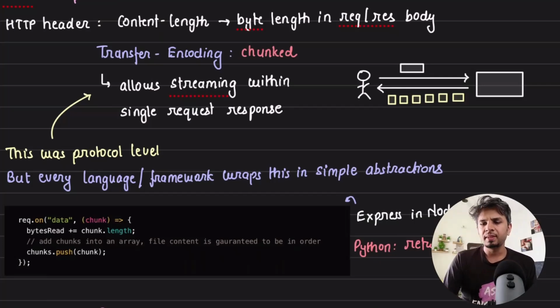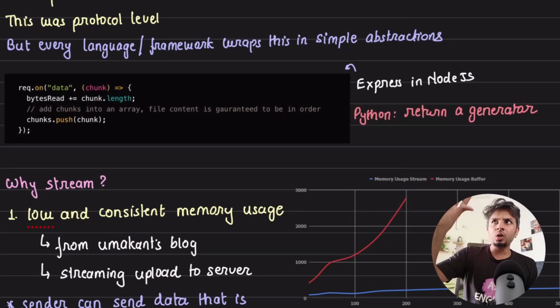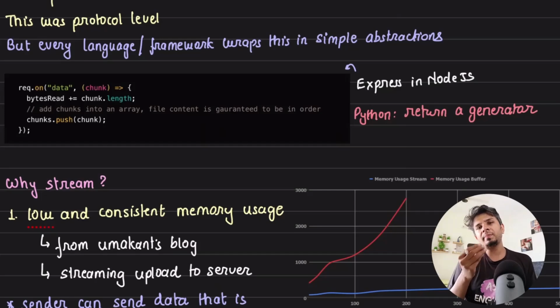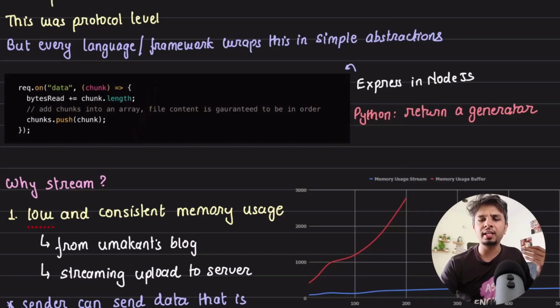Although we spoke about protocols, in reality the frameworks that you use typically make it relatively easier for you to accept chunked responses or send chunked requests. For example, in Express with Node.js, this is how your typical code looks, where you say request.on('data', chunk), where you get that chunk and do what you want to do with it.